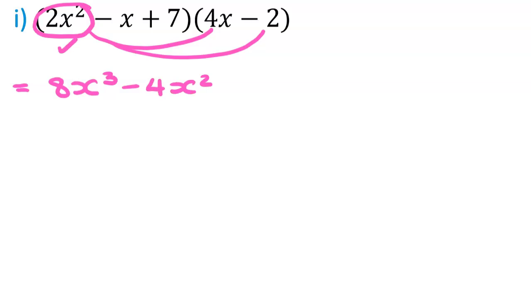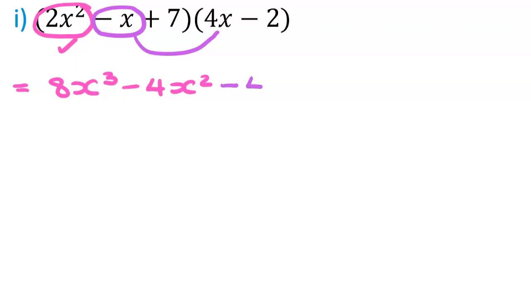Okay, the 2x squared has finished its journey. The next thing that's getting involved is this minus x. This minus x also wants to multiply with that second bracket. So minus x times 4x will be minus 4x squared. And then minus x times negative 2 will be plus 2x.